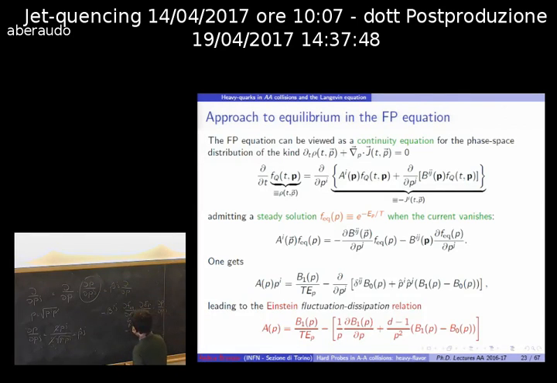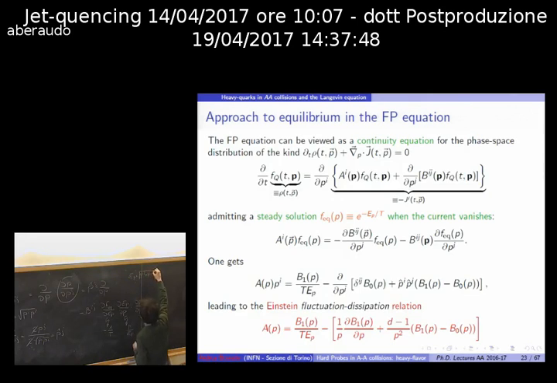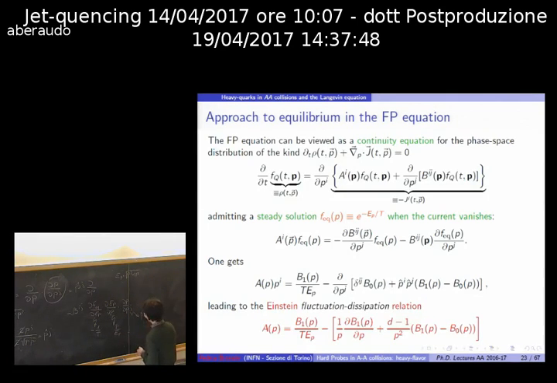This provides a factor minus 1 over T. This provides a factor p over p, and if you take a derivative with respect to p, you get p over p, and this provides me a factor pj.